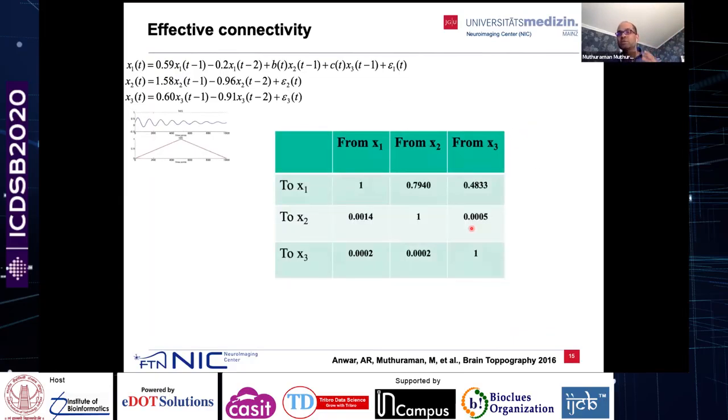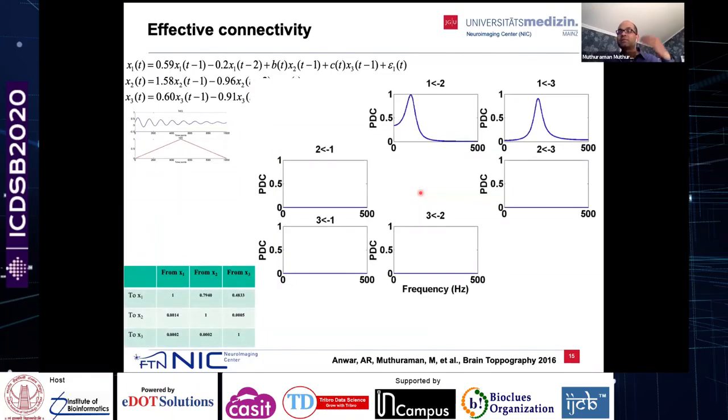In some algorithms, you get some very high values. For example, let's say Granger causality, then you get high values here and other values are lower, which just shows what amount of connectivity there is between these 2 signals. But we wanted to also look at the frequency at which it is happening. Then we also get the frequency information.